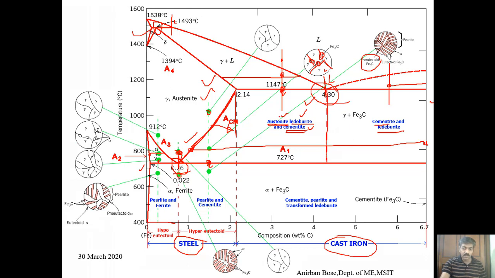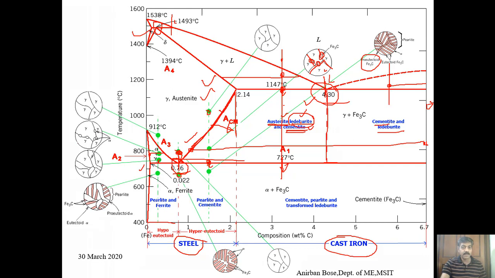Now if you cool down further, then what will happen? In the ledeburite, what is actually there? The ledeburite is basically austenite and cementite. But when you cross this eutectoid line, then within that ledeburite some of the austenite is present, and that austenite undergoes the eutectoid reaction and is converted into pearlite.